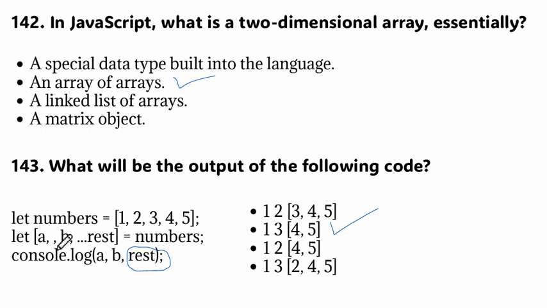You can see I have used an empty slot without giving any variable or name. I have just simply used a comma and skipped that element. So here the output will be 1, 3, and then the rest part. A will take 1, B will take 3, and the rest of the elements will be taken by the rest variable, 4 and 5. So I believe you understand this.